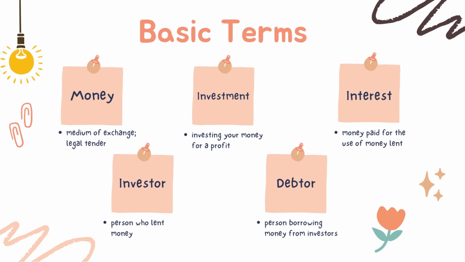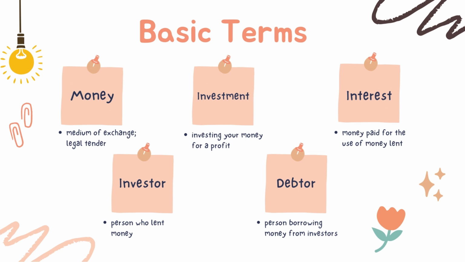Fourth, let's go to investor. So investor refers to the person who lent, or the one who invested his money in the hope that the money will multiply. It will increase due to the interest.